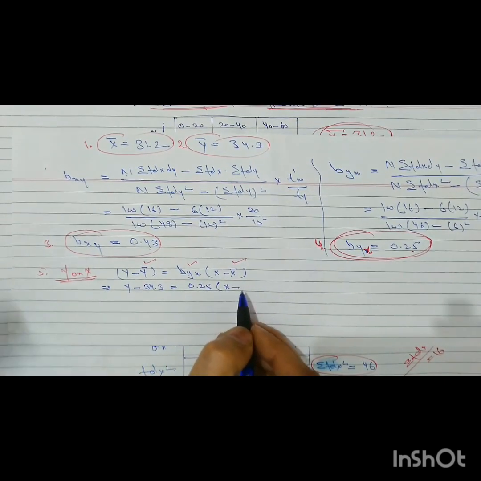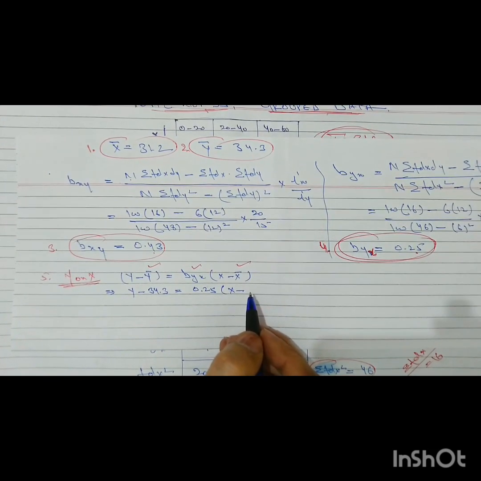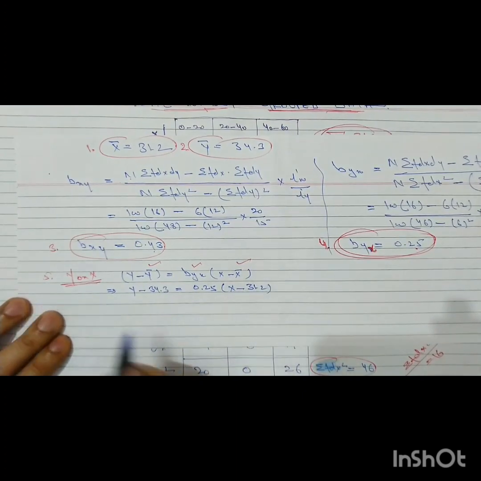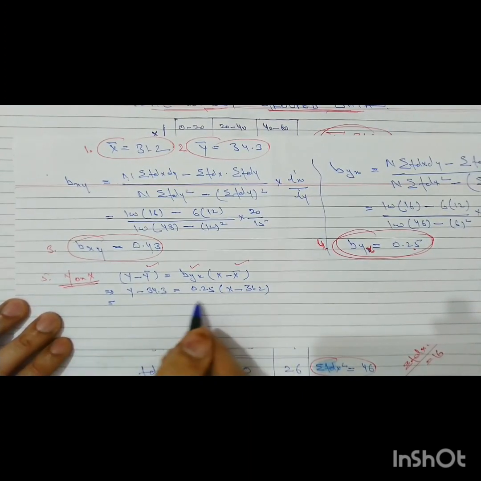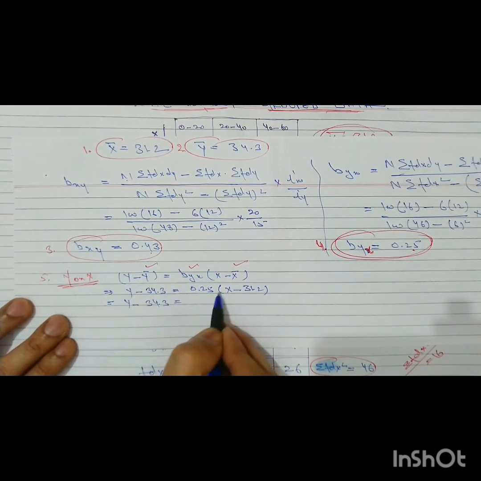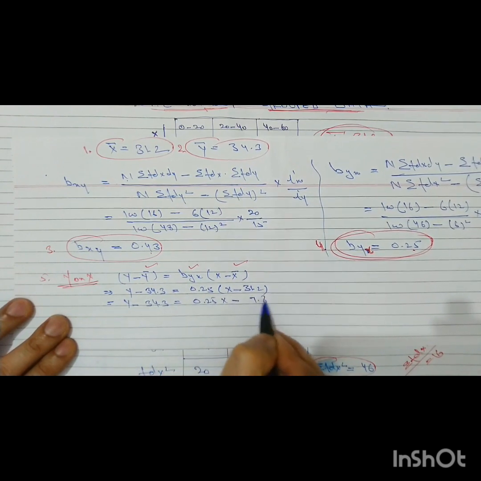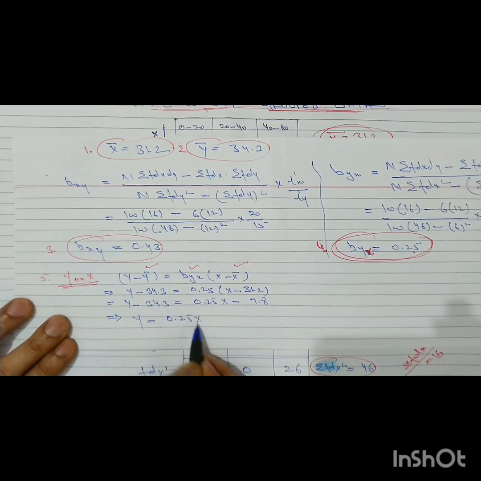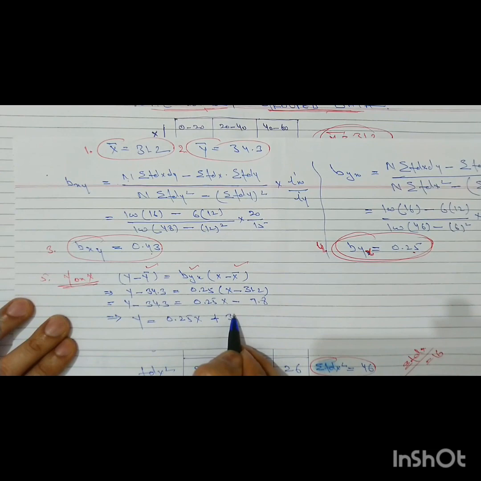So by putting all these values, we get y minus 34.3 equals byx, 0.25, into x minus x dash, which is 31.2, right? Which means y minus 34.3 equals 0.25x minus 7.8, which implies y equals 0.25x plus 26.5.